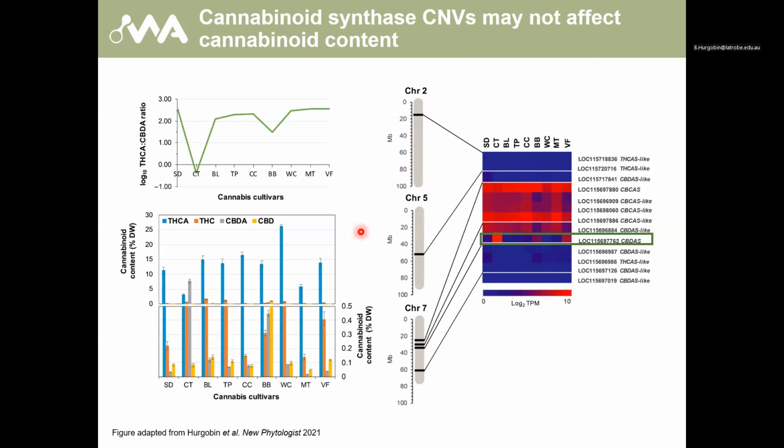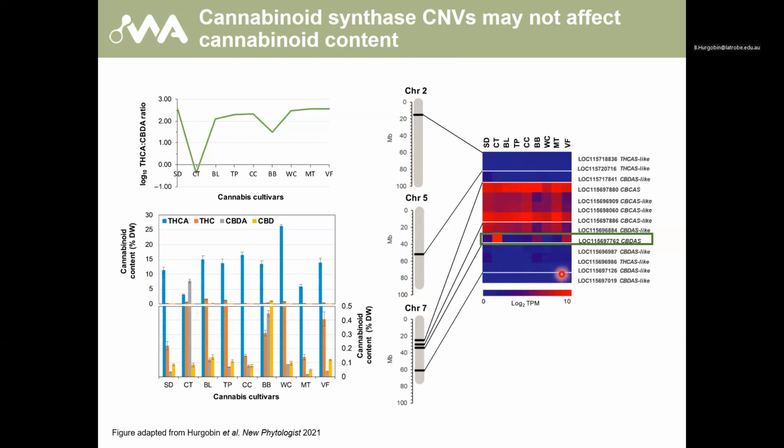So as you can see, based on the cannabinoid content, the majority of these cultivars produce high quantities of THCA, with the exception of one cultivar, which is called Canat2, which predominantly produces CBDA. And if we look at this heat map of gene expression, we can see that one CBDA synthase in particular, the one that's in this green box right here, has much higher expression compared to the other CBDA synthase gene copies.